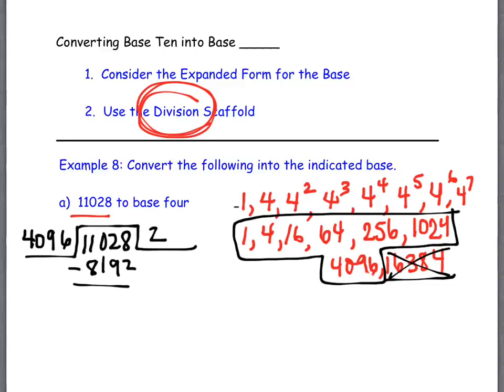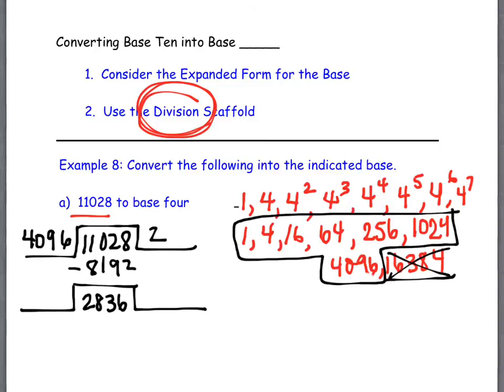And you're going to subtract to get what would have been a remainder if you were working with a traditional division problem. So what do you get when you take 11,028 minus 8192? 2836? Excellent.